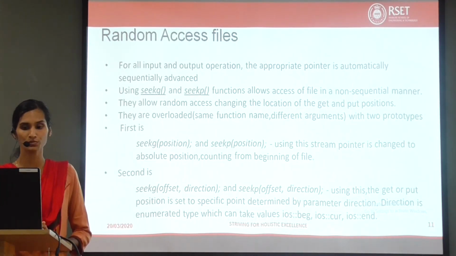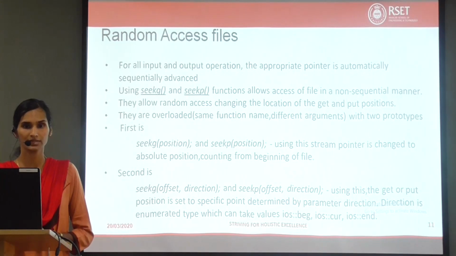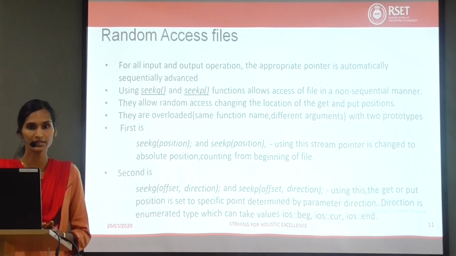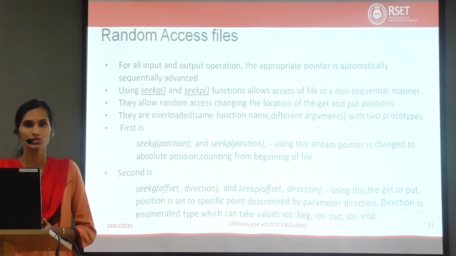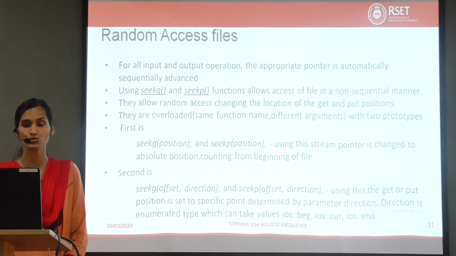An offset is going to be how many positions from that line. That is, I want to write at the end of the file from the start position, or maybe 2 bytes away from the end of the file. In that case, you also specify a number as an offset.